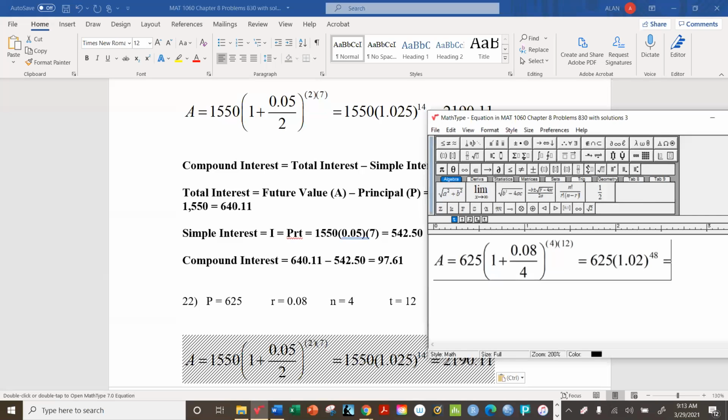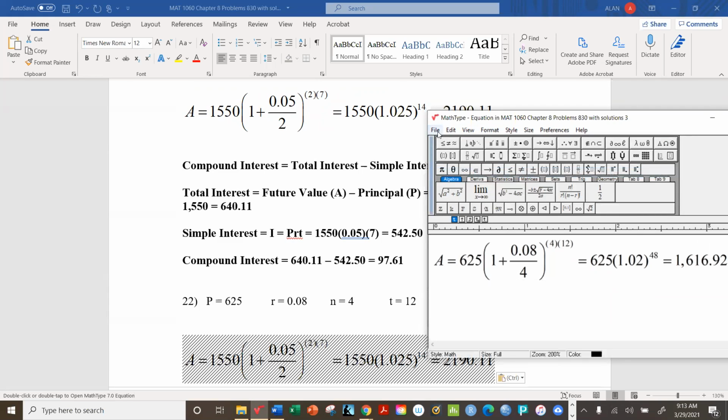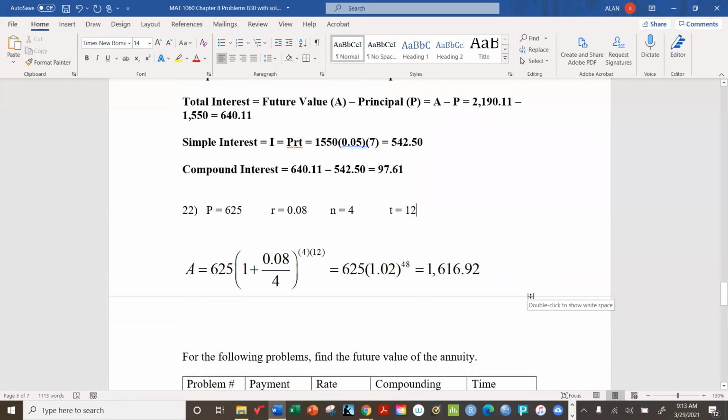All right, let's see what that turns out to be. $1616.92.